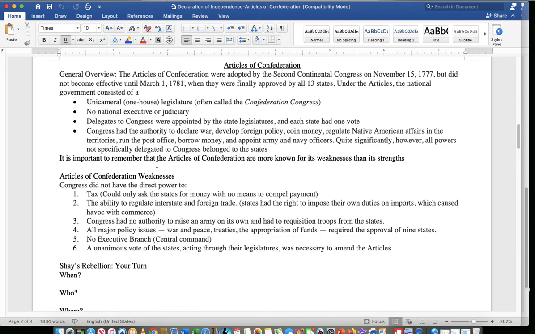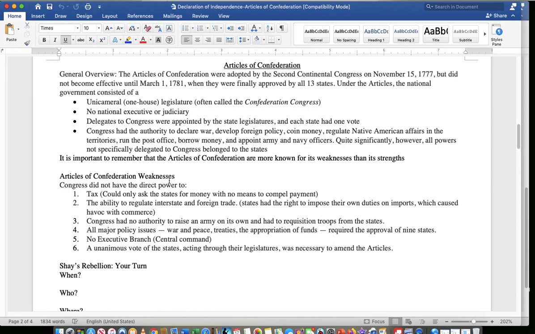Now, once again, on to the part that you need to understand, all right? The Articles of Confederation got us through the Revolutionary War, but it also set up a significantly weak government, all right? And that significantly weak federal government is going to have some big-time deficiencies.